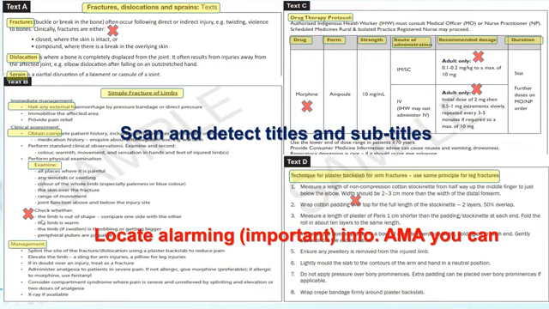And after that, we highlighted the technique or methods for examination when there is a fracture. And here we located the pharmacology of a certain drug, which is morphine, and here the dosage for the adult. And we noticed that adult is mentioned twice here. And here we have numbers, okay? So this is the important information or keywords or alarming data that could be useful for you to answer the questions.